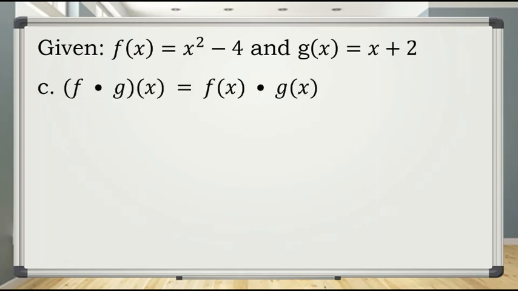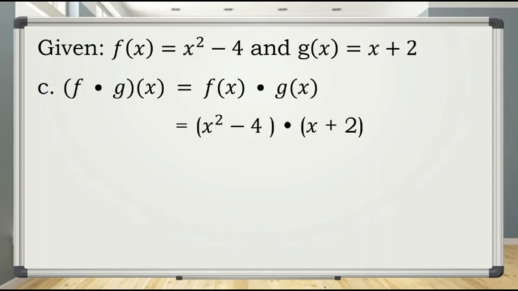Next is the multiplication of the two functions. So, we have f of x multiplied by g of x. Substitute lang ulit. F of x ay x squared minus 4 at ang g of x ay x plus 2. So, this time, gagamit naman tayo ng FOIL method.